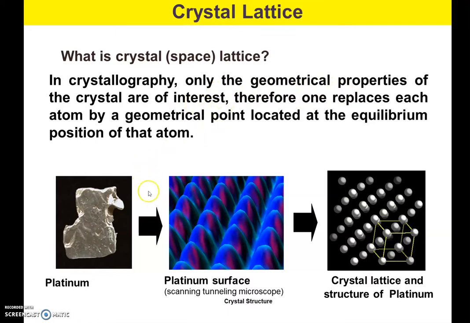So basically we take every atom and replace it by a geometric point located somewhere inside the crystal, and that signifies the position of an atom. Okay, because as you might be aware, the atom has a nucleus and electrons and all that, but we are reducing it down to just a point. Then we look at this geometric arrangement of these points, which is your crystal lattice.